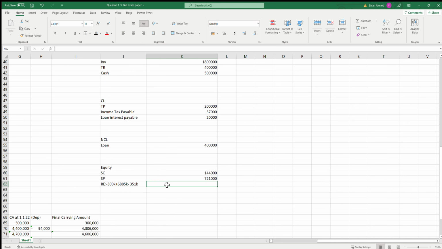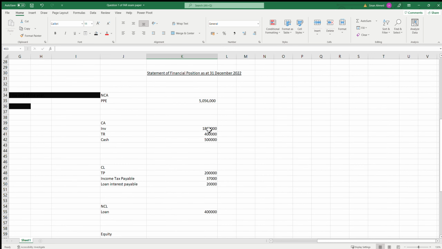So our 300k minus 300 plus 6885 minus 351. Okay, because we have such a big retained earnings figure, we're not getting a negative balance. So just be careful. Okay, so that's the statement prepared.